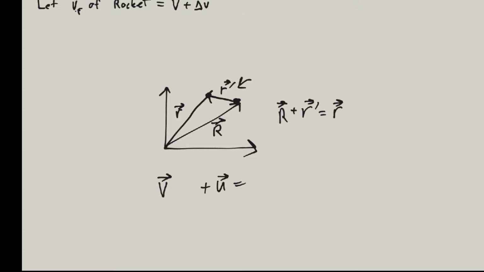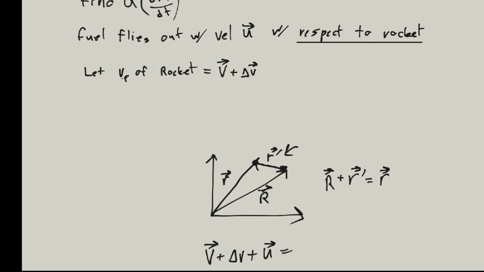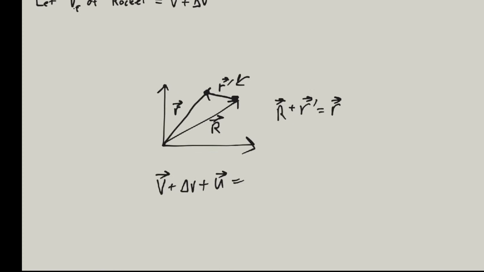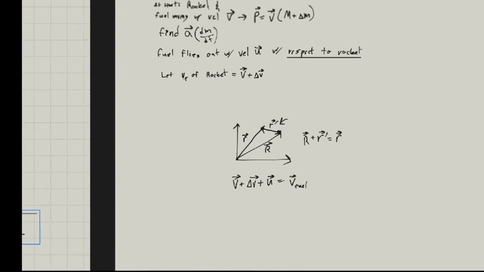We're looking at this after the fuel has left the rocket, so it's v plus delta v, because that's what we showed over here, the final velocity of the rocket. So it's v plus delta v plus u. That's the velocity of the fuel. For now, I'm just going to call this V fuel. Simple enough.